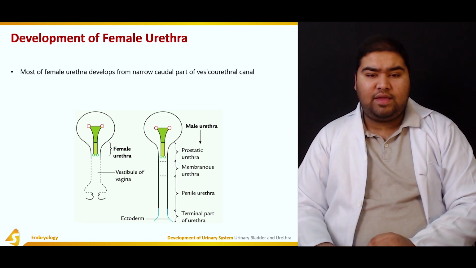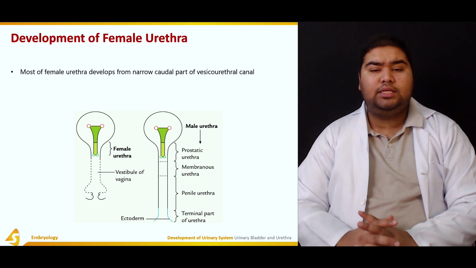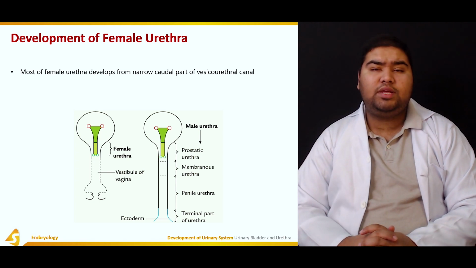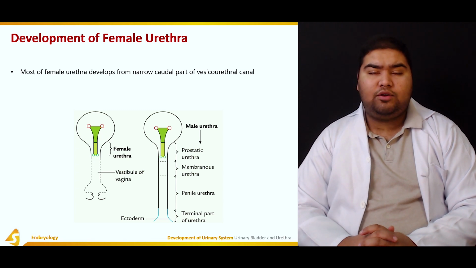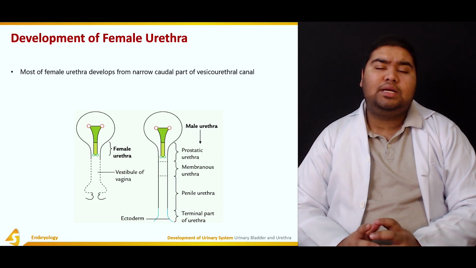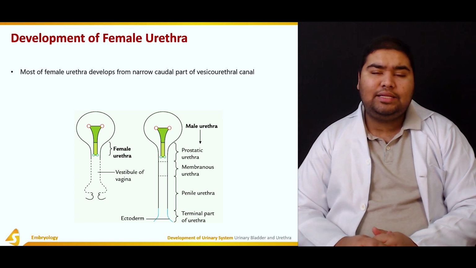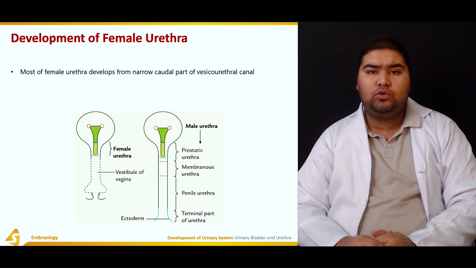Now taking up the development of the female urethra, most of the female urethra develops from the narrow caudal part of the vesico-urethral canal. The vesico-urethral canal was lying cranial to the opening of the mesonephric duct. This vesico-urethral canal had two parts.